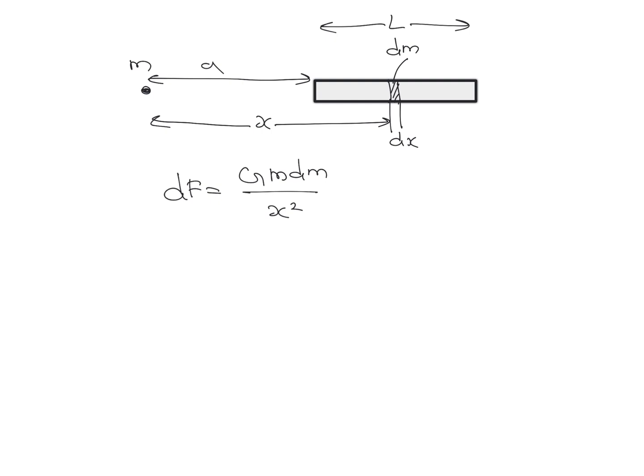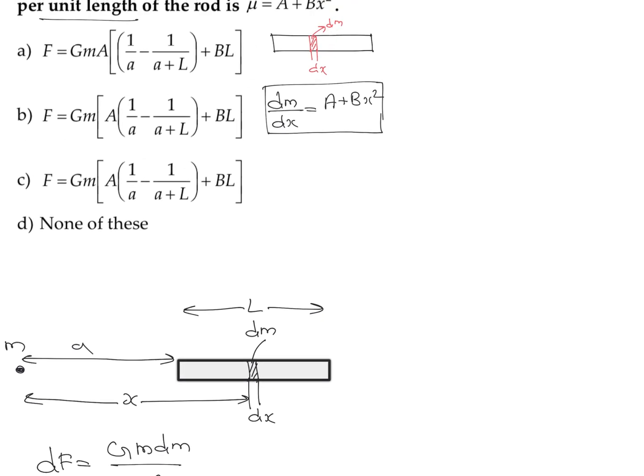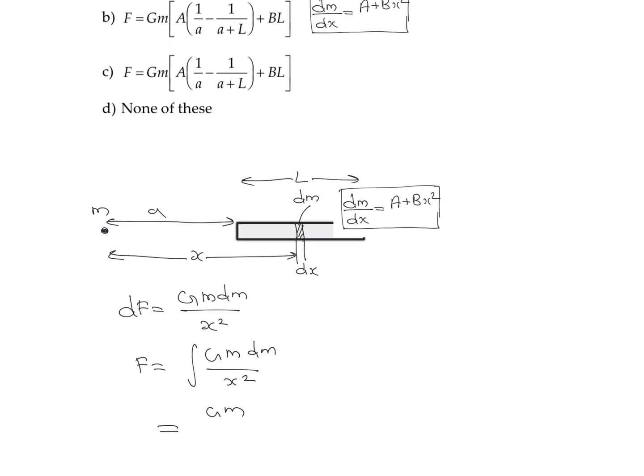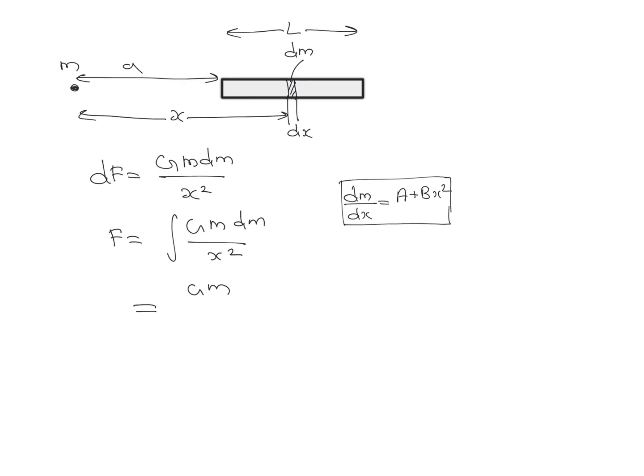So the net force is going to be the integration of G m dm divided by x square. This is equal to G m into, and in the question the value of dm by dx is also given as a plus b x square. So dm can be written as a plus b x square into dx.